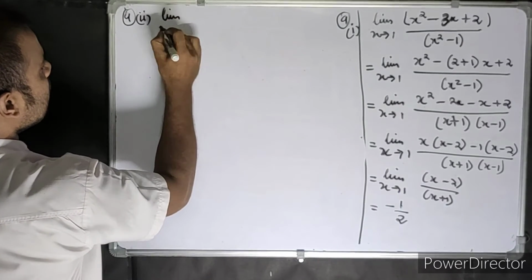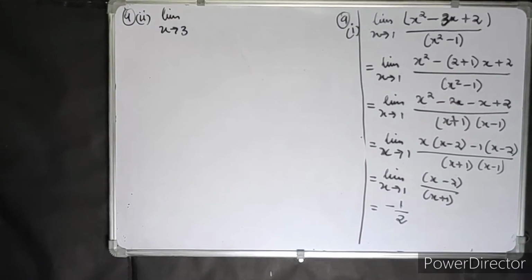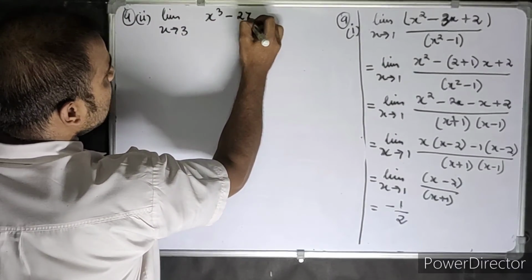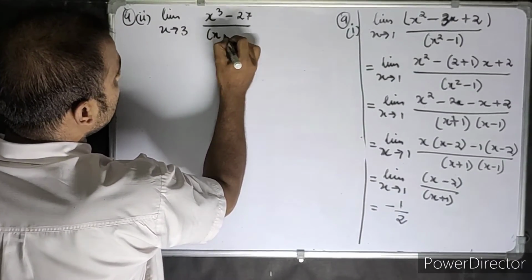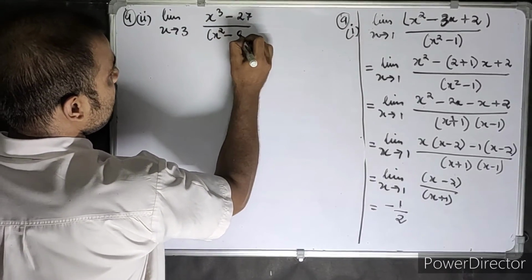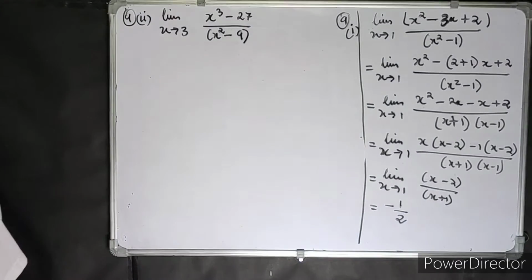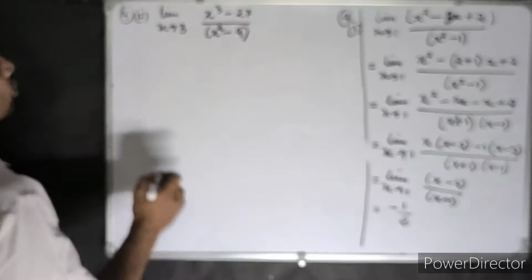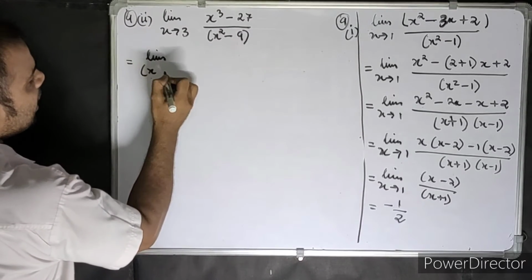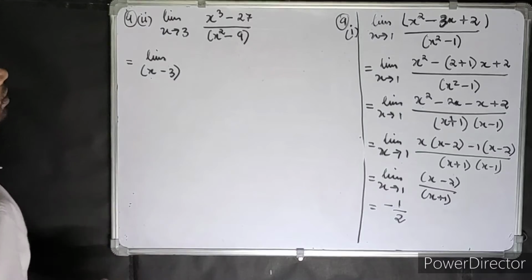Limit x tends to 3, x cube minus 27 divided by x square minus 9. So now, limit of x tends to 3.